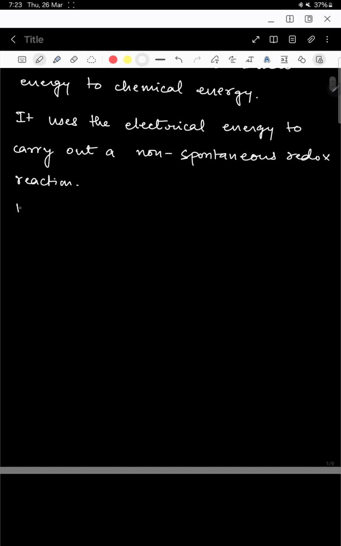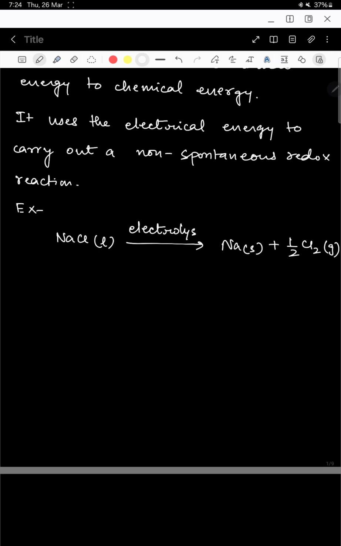Like for example, suppose we have molten NaCl. Now molten NaCl cannot decompose to sodium and chlorine by itself. But if we pass electricity through this molten NaCl, that is called electrolysis, that is the passage of electricity.